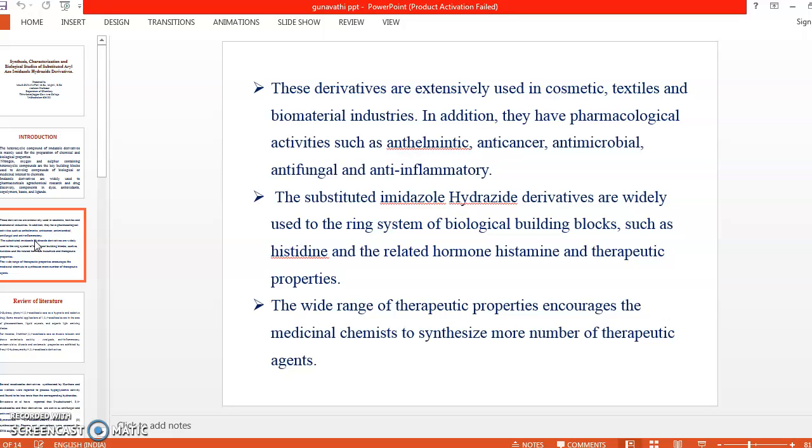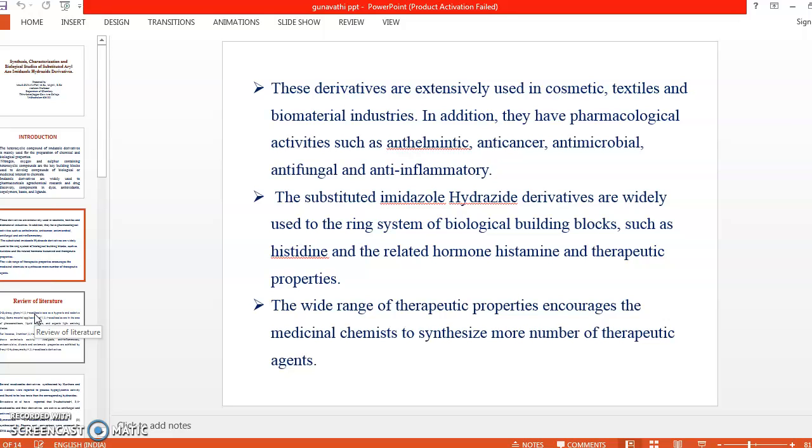In addition to that, they have pharmacological activities such as anthelmintic, anti-cancer, antimicrobial, antifungal and anti-inflammatory. The substituted imidazole hydrazine derivatives are widely used to the rich system of biological building blocks such as histidine and the related hormone histamine, and therapeutic properties.